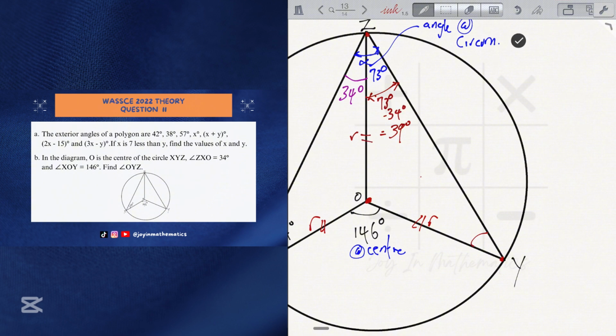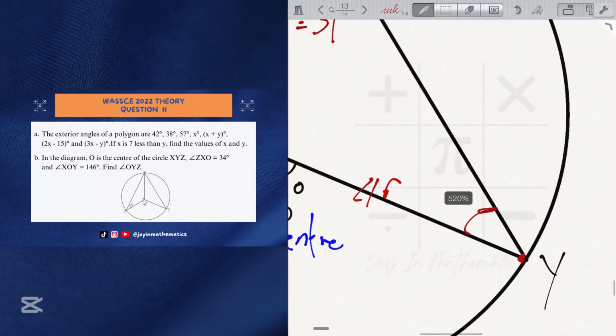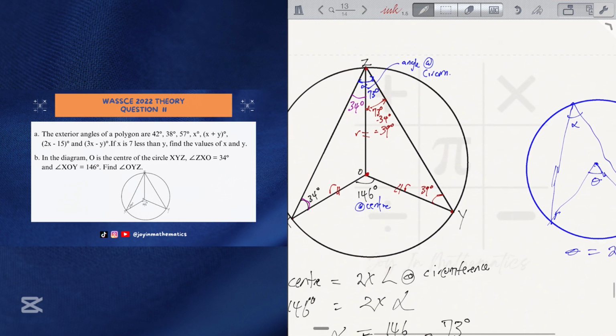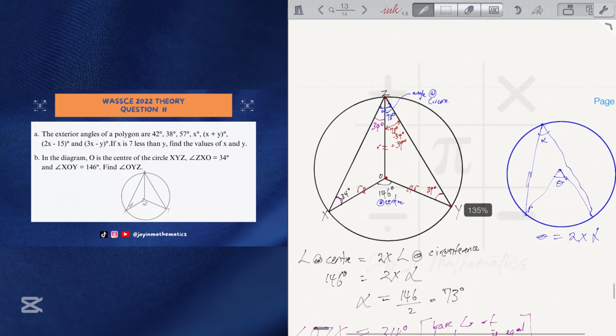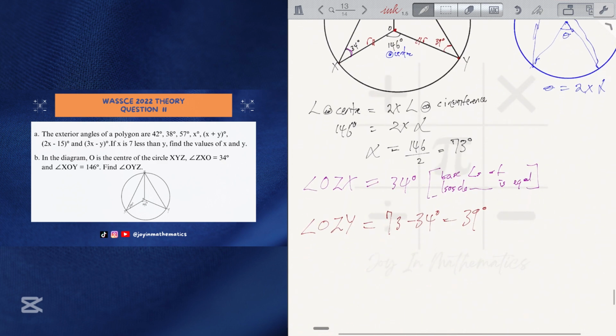Radius is being equals to radius. So with that, this angle that we are looking for is also 39 degrees. So the question, which is angle OYZ, is equals to angle OZY, which is equals to 39 degrees.